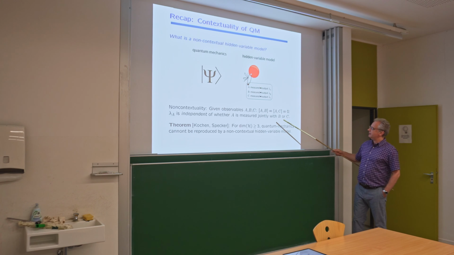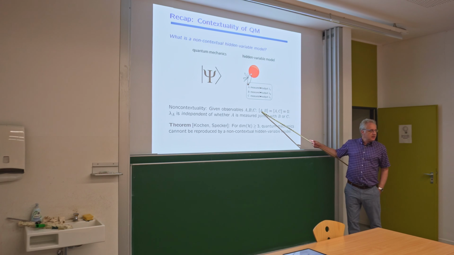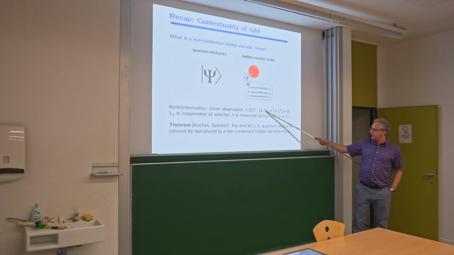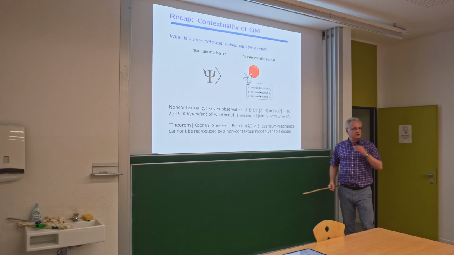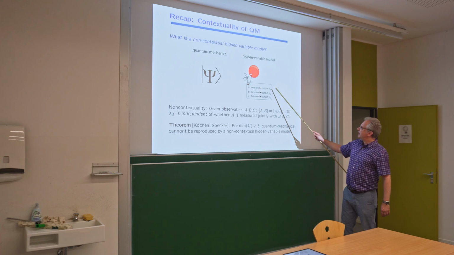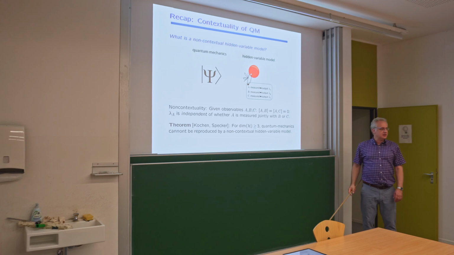Then it doesn't matter for the value of A if A is measured with B or with C. That's the assumption of non-contextuality. The measurement outcome for A does not depend on the measurement context.